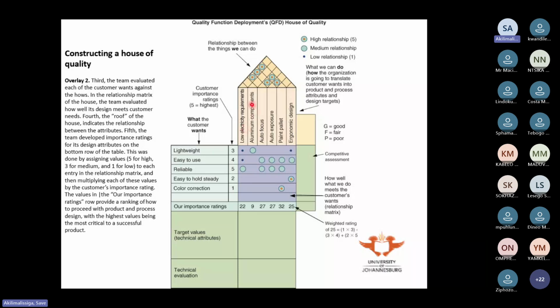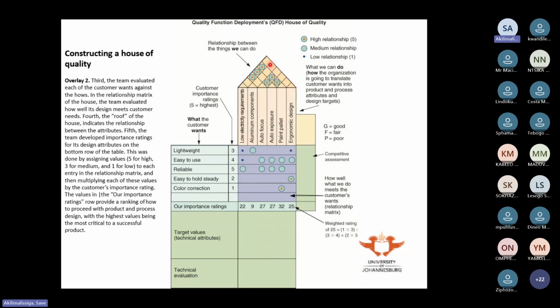You can either go this way, or you go this way. The same applies for the remaining columns. For instance, auto exposure has two ways: you can go this way or this way. Ergonomic design is the same as low electricity requirement. You only have one option, and you can only extend this column this way.